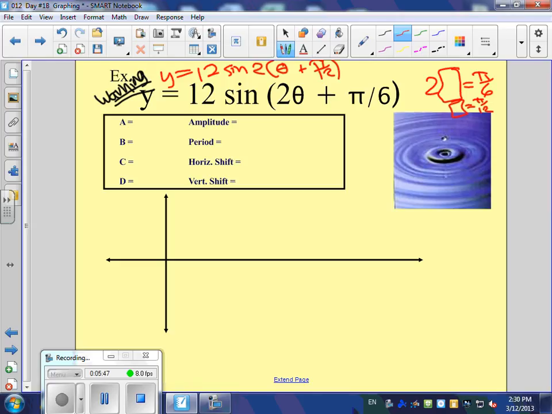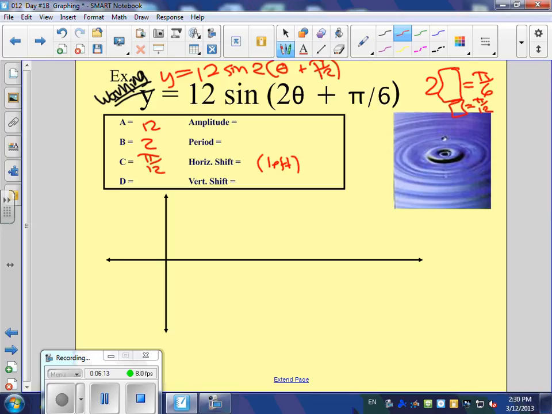So then when we list things, what's A? A is 12, B is your 2, C is your shift. What is it? Pi over 12. It's got to be this one here. Pi over 12. And since it's plus pi over 12, is it left or right? Left.